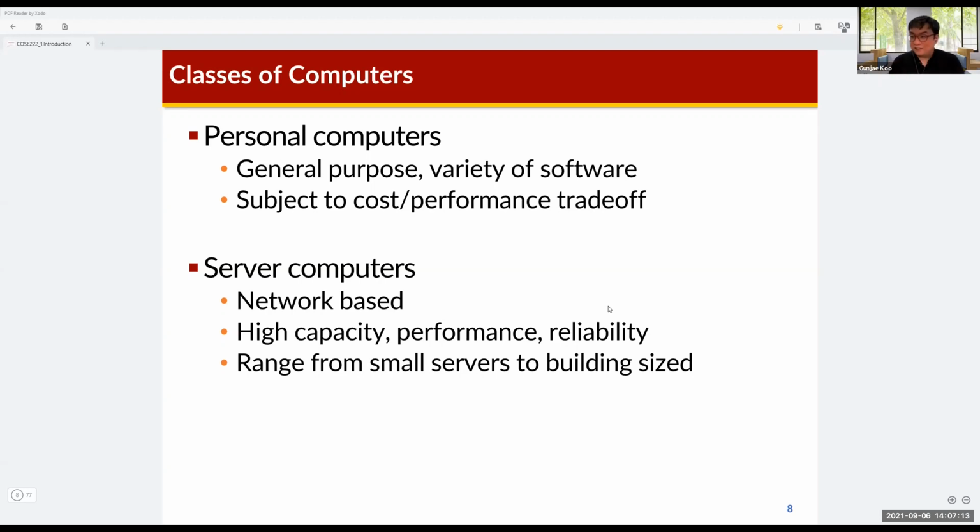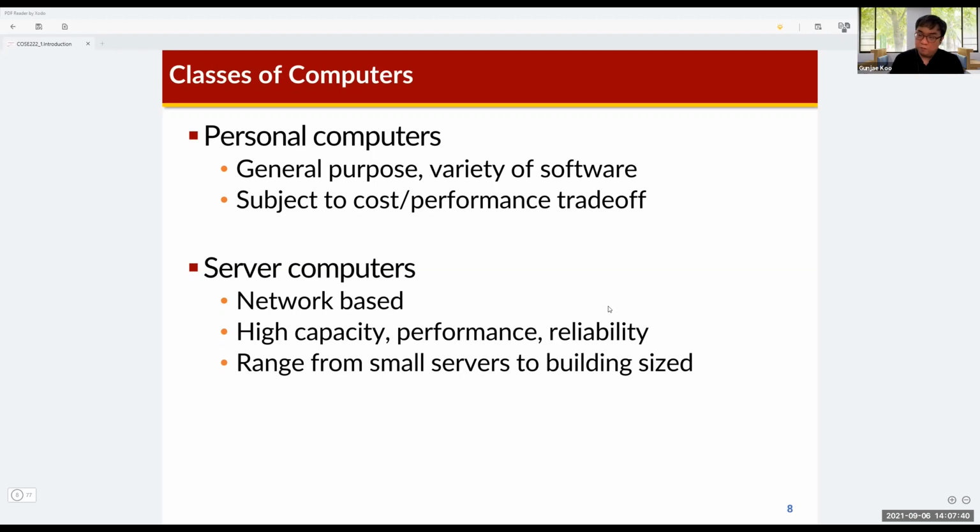Then also cost. We want a cheaper computer system, a cheaper smartphone, or a cheaper laptop. So for personal computer systems, cost and performance are important, but we trade off cost and performance.